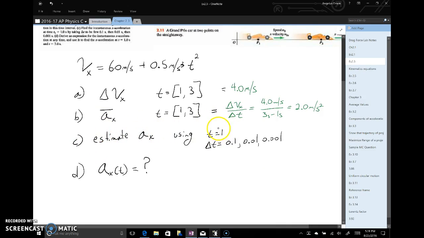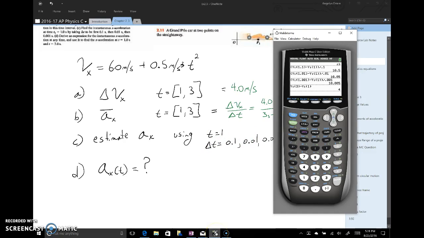We're going to do an estimate for our instantaneous acceleration at t equals 1 by taking progressively smaller intervals near t equals 1. We'll use our calculator for this again. We can actually reuse these entries from last time since we changed what y1 was. So this is, again, a technique that we can use to save ourselves a lot of time.